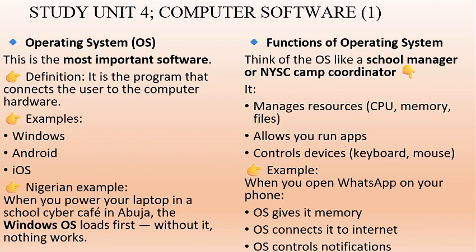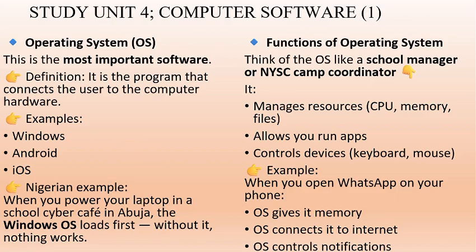So the operating system is just like a school manager that tells you that before you get to SS3, you must pass through SS2, or you need a certain grade for you to join SS3. So that is just part of the functions of an operating system.